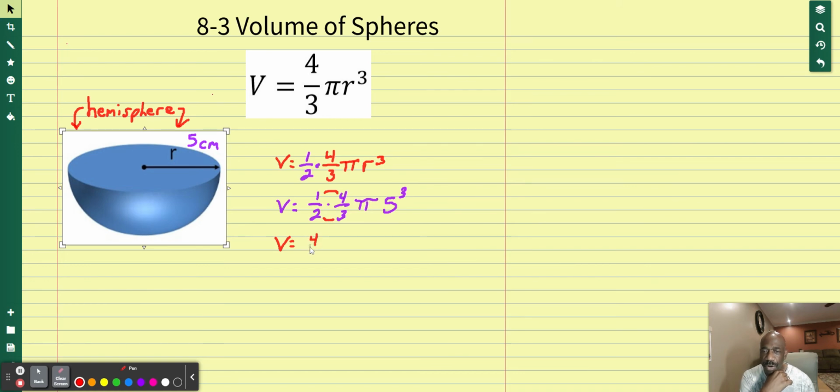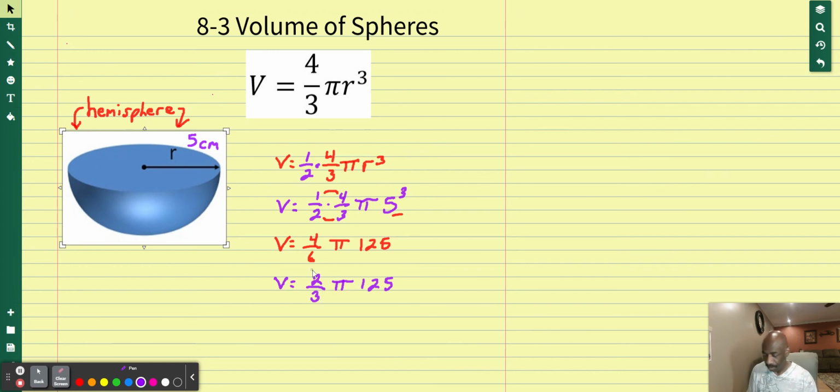So that's 4/6 pi, and then 5 to the third power is 5 times 5 times 5, which is 125. Now this is going to be 2/3 pi 125. Why did I make this 2/3? Because I just reduced the fraction. Not required, but if you can make things a little simpler, that's a good thing to do. Divide both numbers by 2, lowest terms, 4/6 equals 2/3.